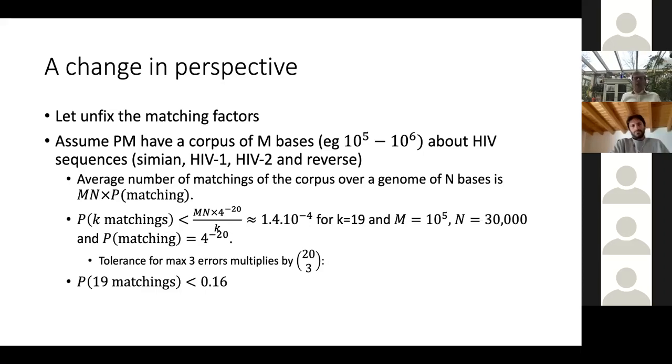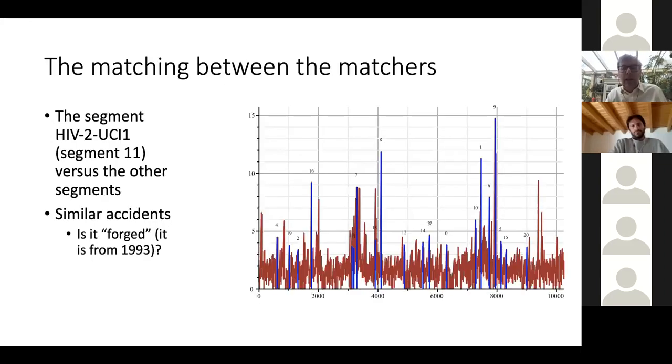Therefore, it means that you can have this. I don't know how many sequences they have tried, but it's funny that they have tried a sequence from the monkey, from the HIV1 and 2, and reverse. In fact, you can see that if you consider the matching sequences and you compare them, they also have a lot of accidental matching. Basically, they are not independent.